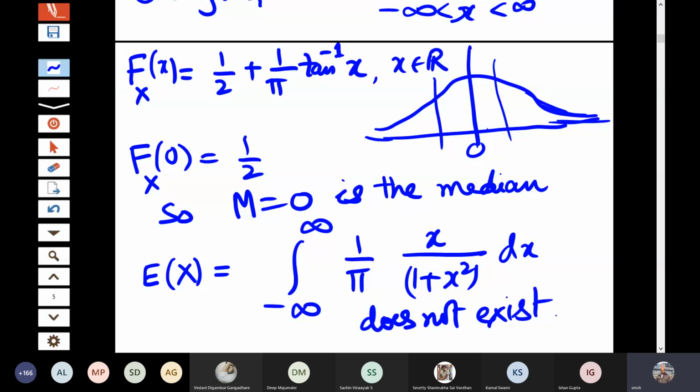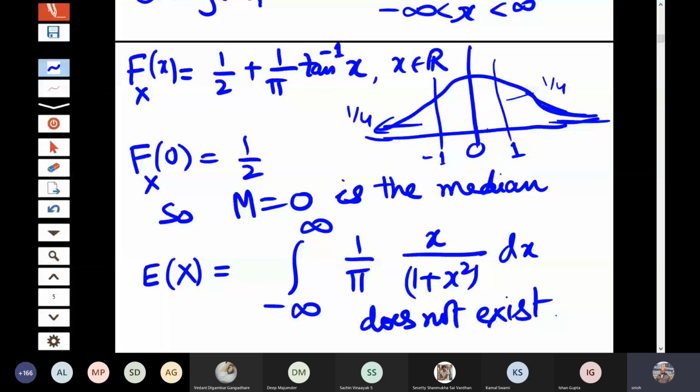So this probability will be 1 by 4 and this will be 3 by 4. Similarly, if I take minus 1 here, then this will become minus pi by 4, so it will become half minus 1 by 4, that is 1 by 4.